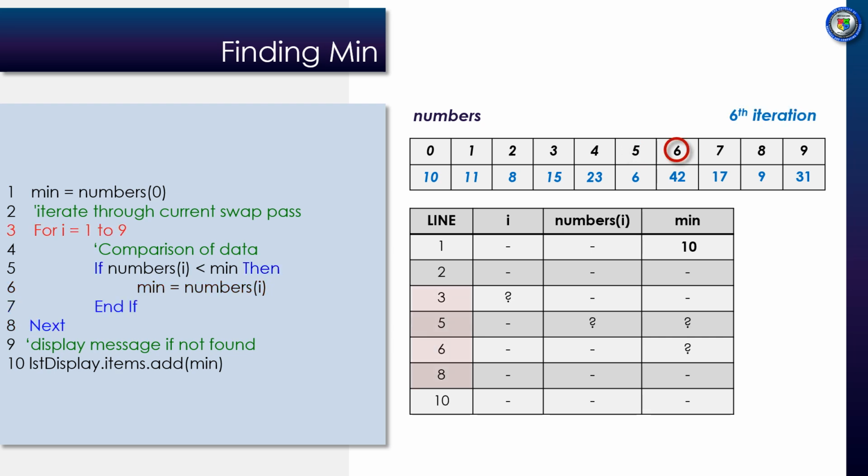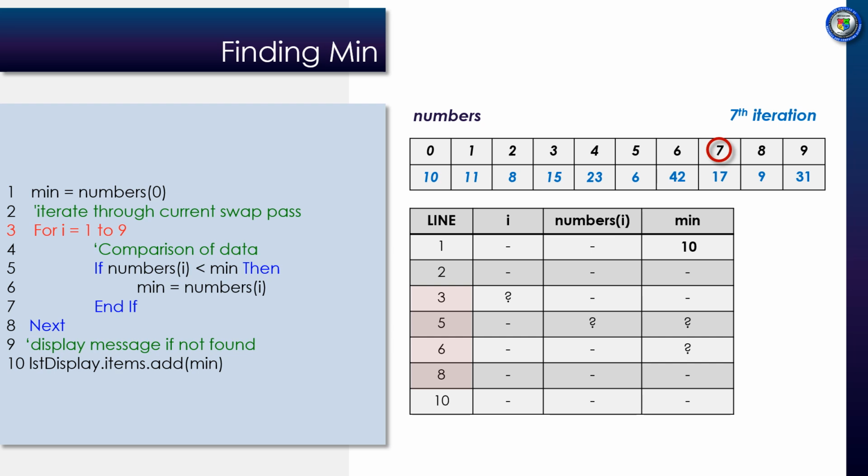Again, we iterate round our loop, and as such traverse the array. I is now 6, and numbers I, the value in there is 42. Is it less than our minimum value, which is 6 at this time? It is not, that condition is not met. Therefore, our variable min remains with the value 6.